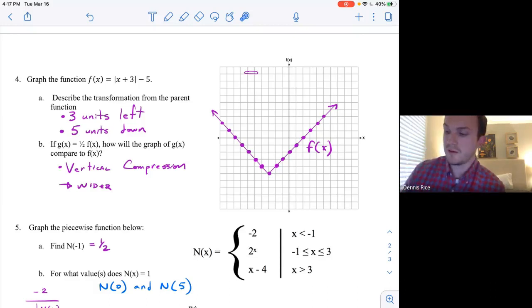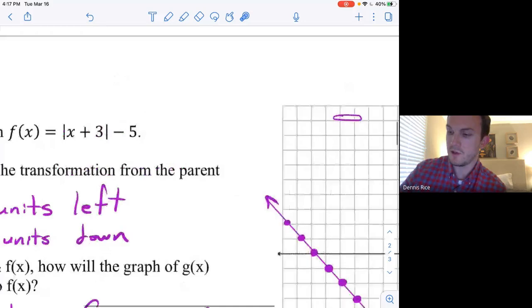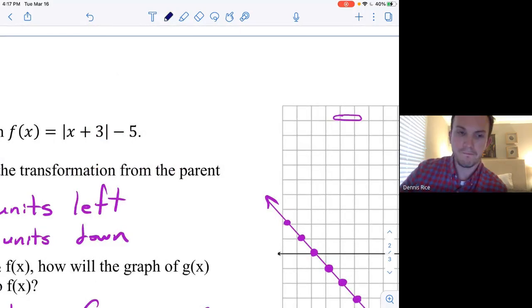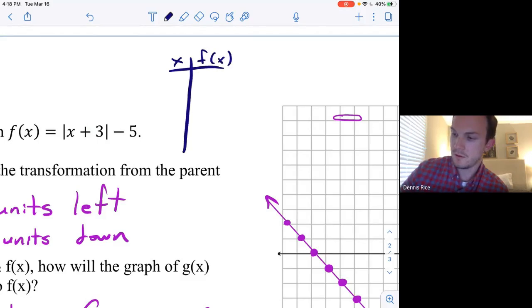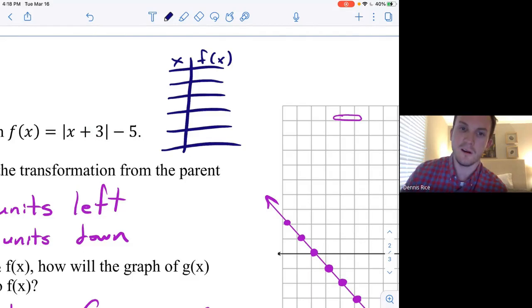Remember when you're making your table for this, you want to choose an appropriate table. So what do I mean by that? When you're typing this into your calculator, this is weird with absolute value, you actually want to start with the center.